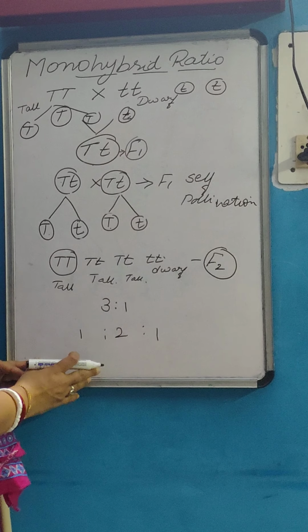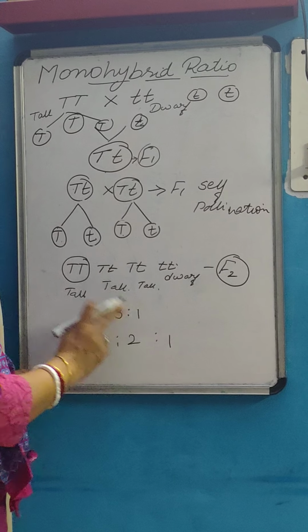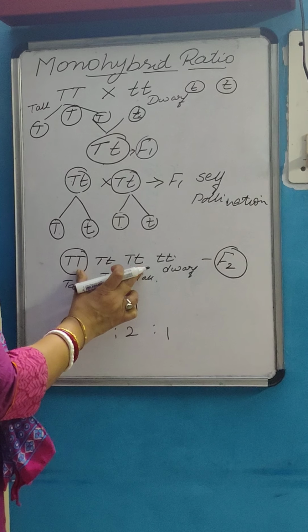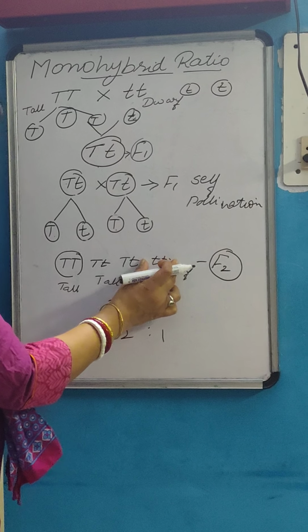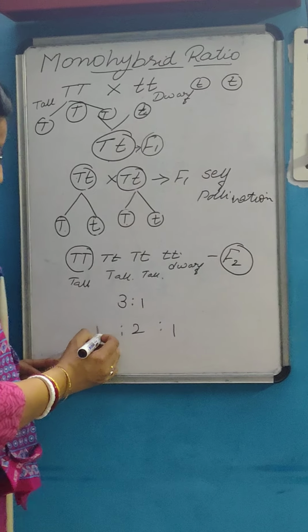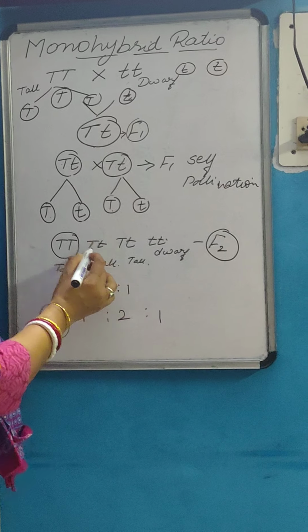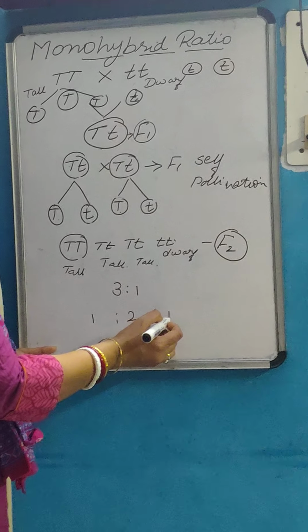So the ratio can be represented phenotypically as 3 is to 1, where all these 3 plants are appearing as tall phenotypically, and this is a dwarf one. Whereas genotypically, this is a pure tall plant, this is a combination where the dominant character is representing, and this is a pure dwarf plant.